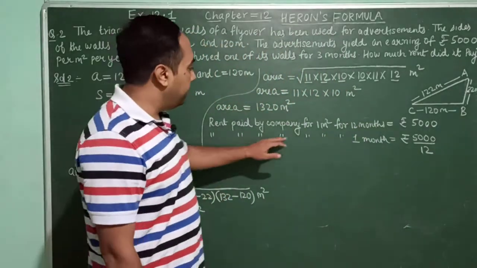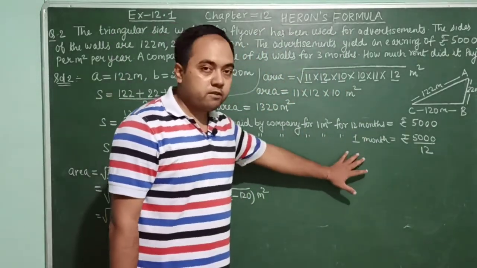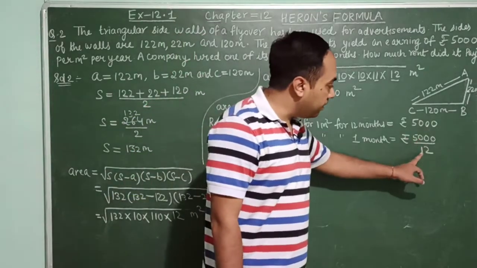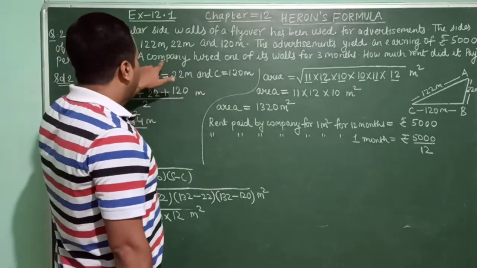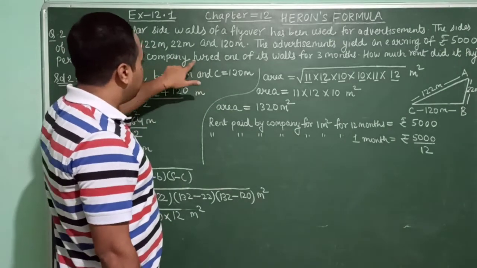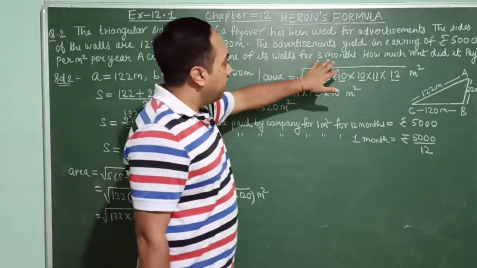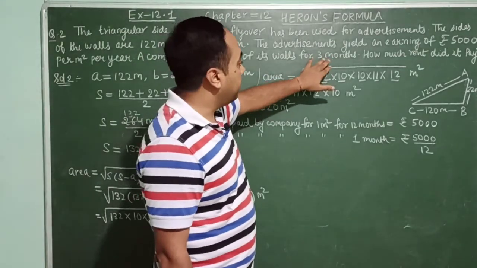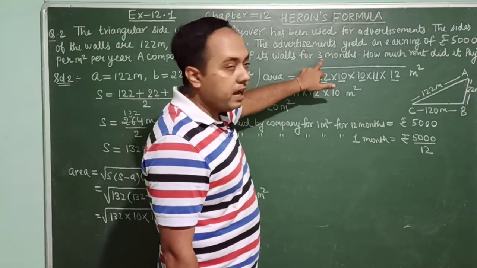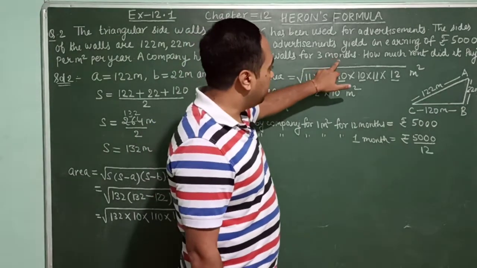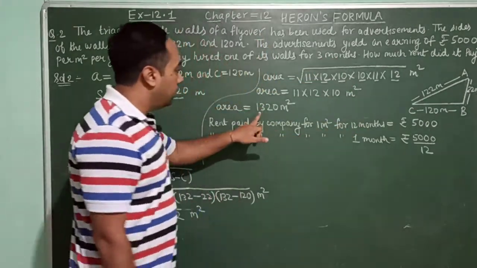So this is the rent paid by the company for 1 meter square for 1 month, that is equal to rupees 5,000 divided by 12. Now, in the question we need to calculate how much rent was paid by the company if they hired the wall for 3 months, and what is the area of the wall?